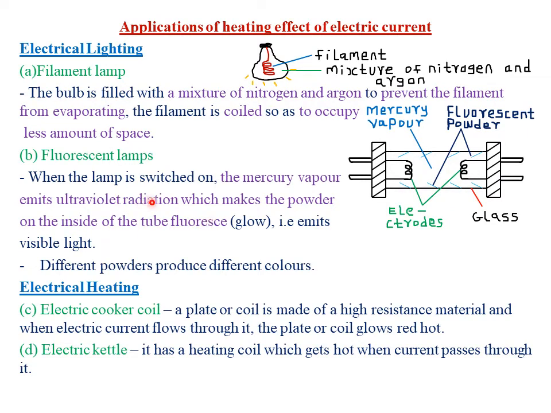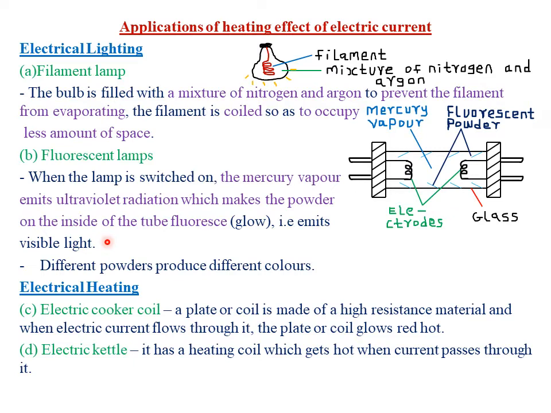Remember, when ultraviolet radiation meets a fluorescent material, a material which can glow, this powder that is on the walls of the glass fluoresces, or simply glows, hence producing what we call visible light.